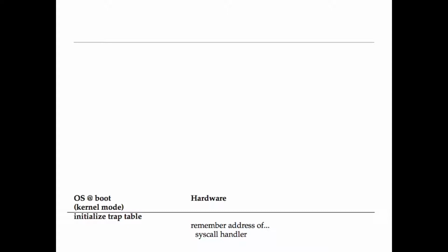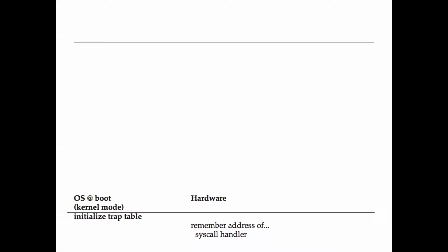So you create something known as a trap table. This is somewhat similar to creating an interrupt table. So basically, you need to tell the hardware what should happen if I press a key, and all of that mapping is done at boot time.